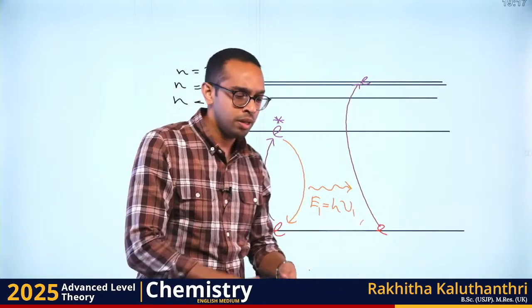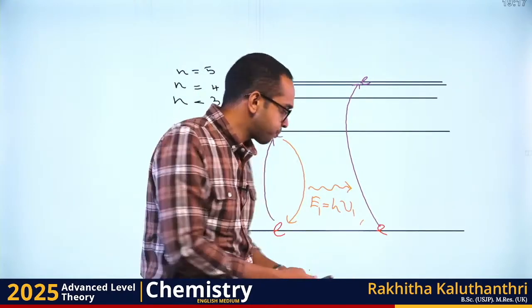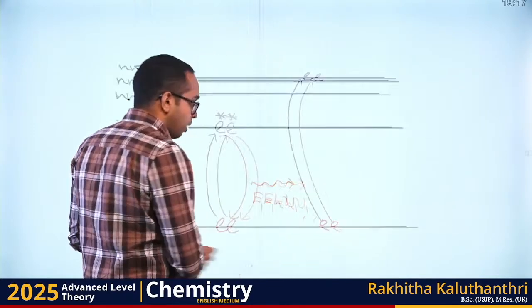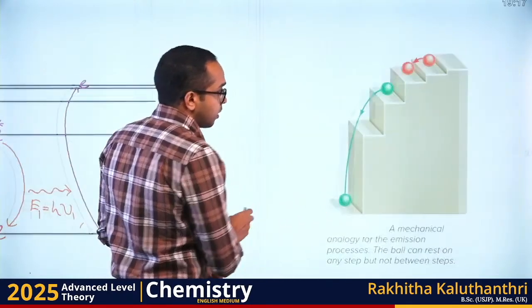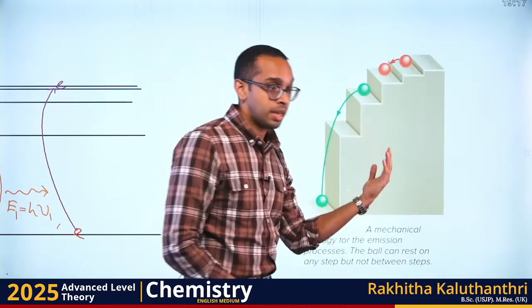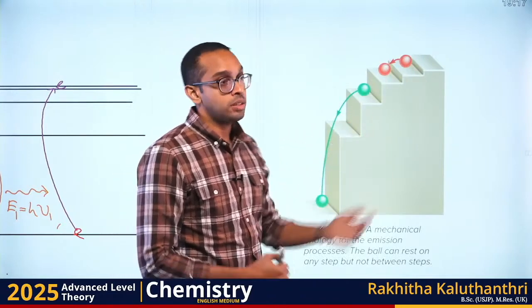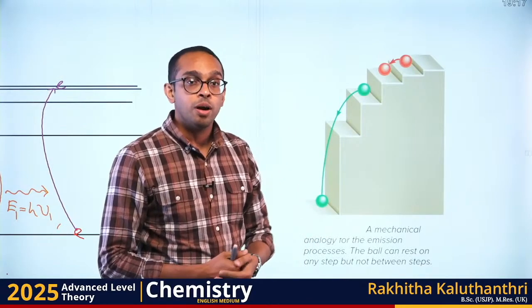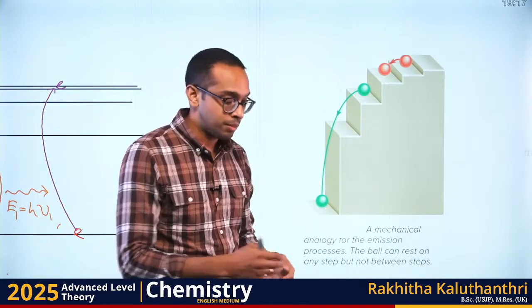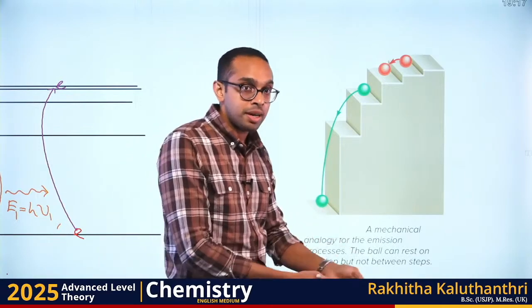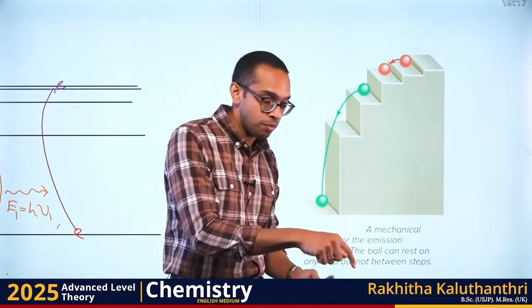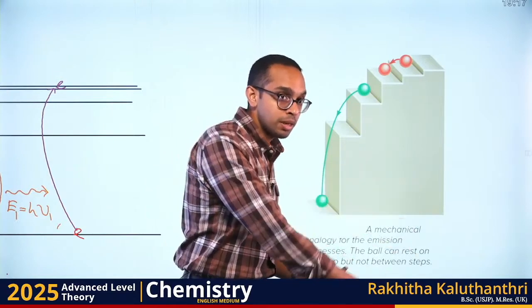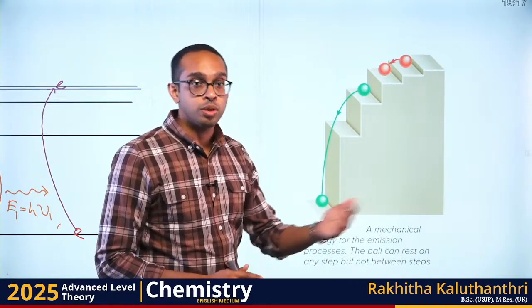You can't expect a specific way in which the electron should be coming down. For example, if you roll down a marble in a staircase, you won't necessarily know how it's going to be falling down. It might sometimes fall one step at a time, or sometimes it might bounce over one step and skip about 2-3 steps and move on to the next step.